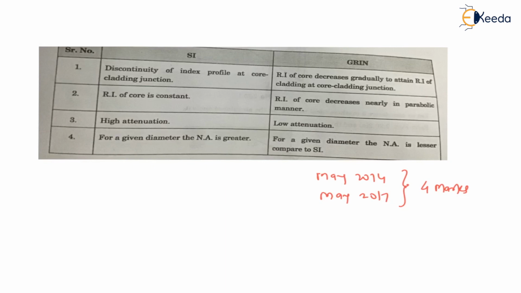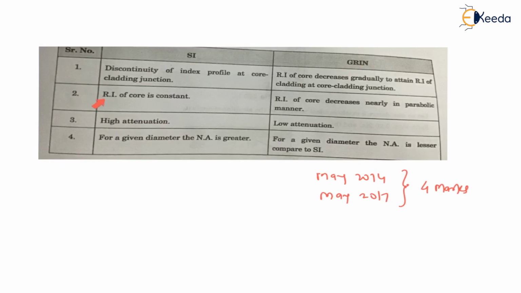That is, we say there is a discontinuity of index profile. But in case of graded index fiber, the refractive index of core decreases gradually to attain the refractive index of cladding at the core cladding junction. This is the major difference between SI and graded index fiber.